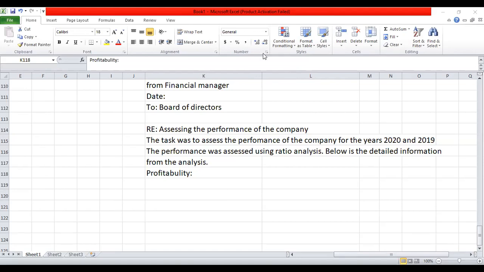Then, as I said, the industrial ratios will be given. The question will give you the industrial ratio. You are not the one to calculate. The question will show you what other companies are getting in the industry. I hope I'm clear on that. Any other question?